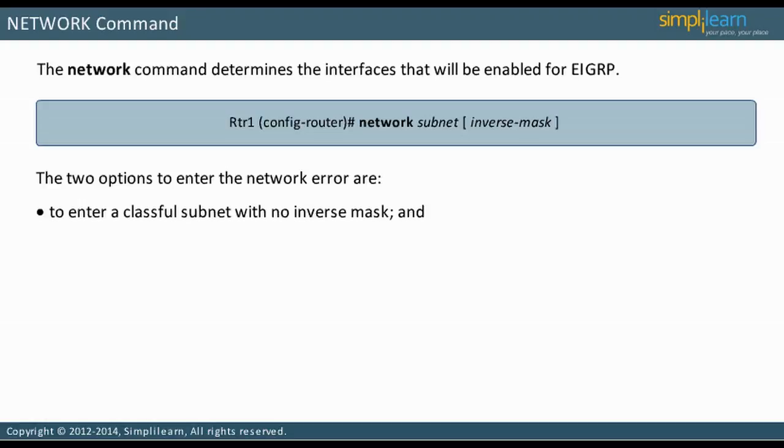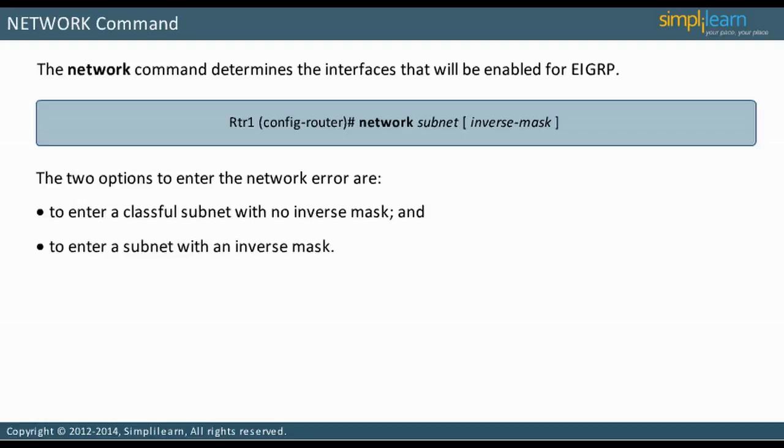For example, if you enter network 172.21.10.0, then EIGRP will interpret that as 172.21.0.0 with the default prefix length of /16. This classful treatment occurs independent of the auto summary setting. The second option is to enter a subnet with an inverse mask.